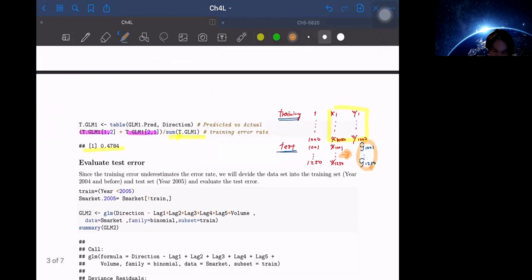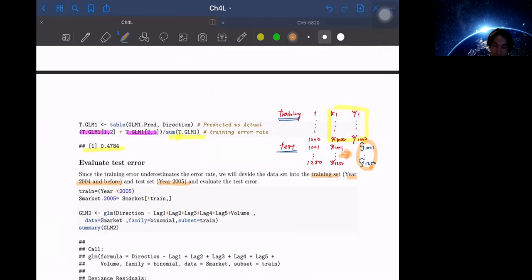To do that, we separate the original data set into two parts. The training set is year 2001 to 2004, and the test data set is 2005. Usually for time series we want to do it this way. If they are independent observations, such as 100 patients, we just randomly split the data set into two.